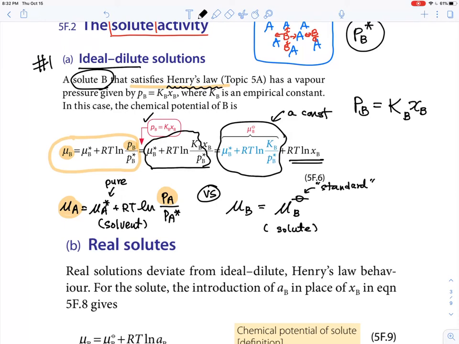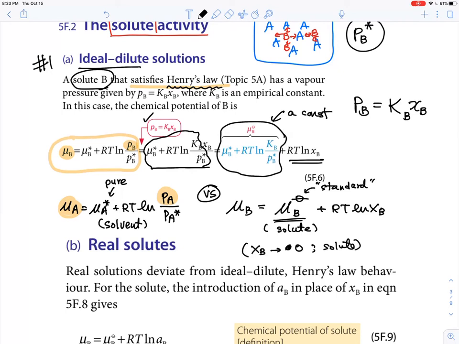So it is essentially the term corresponding to the chemical potential, plus RT ln XB. When I say whatever that means, it is essentially when XB goes to a zero value, which is a solute.